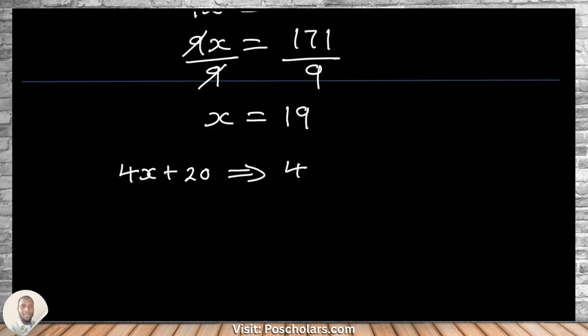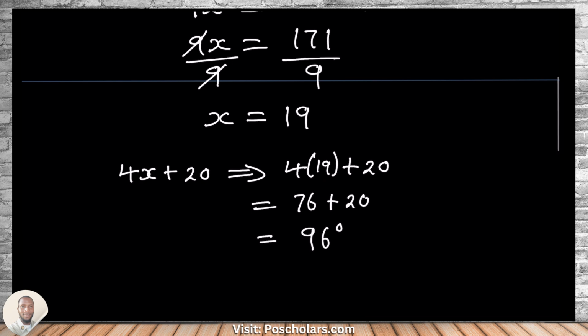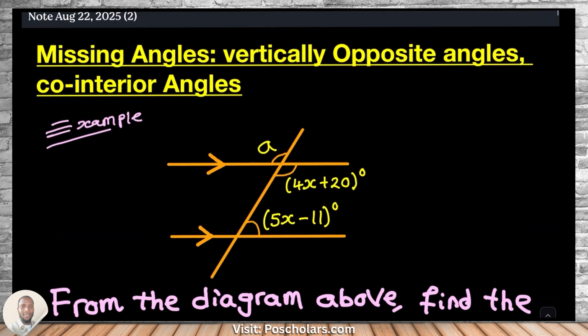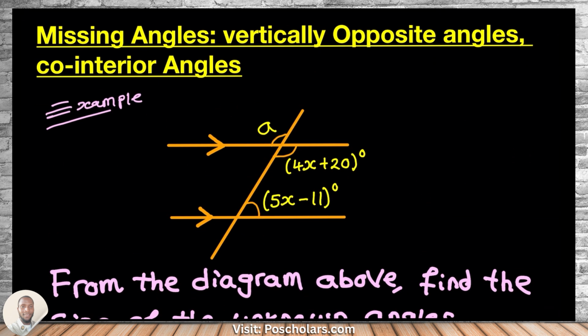So 4 into brackets 19 plus 20. 4 multiplied by 19 gives 76, so we have 76 plus 20, and when you add that, you have 96 degrees. So the size of this angle is 96 degrees. We can write it here, equals 96 degrees.